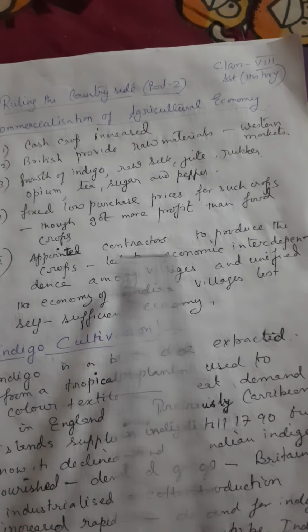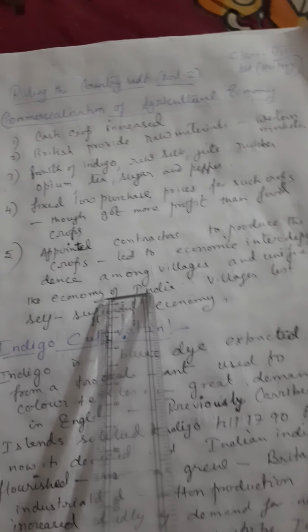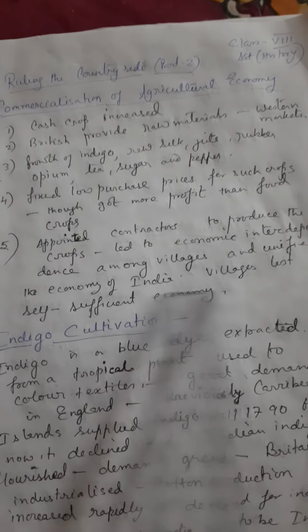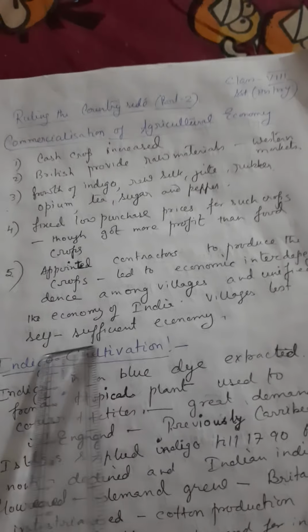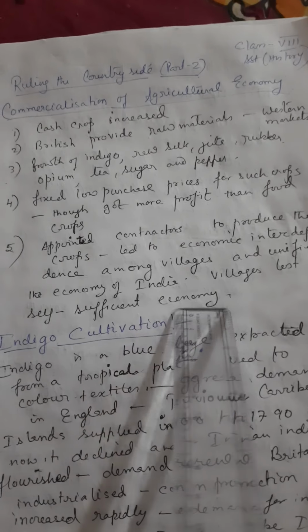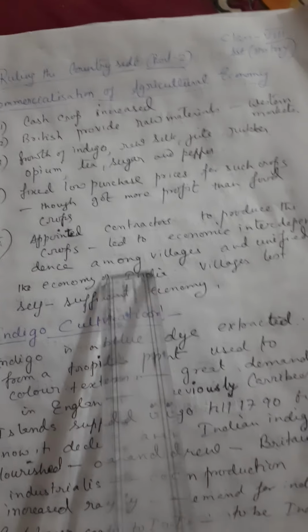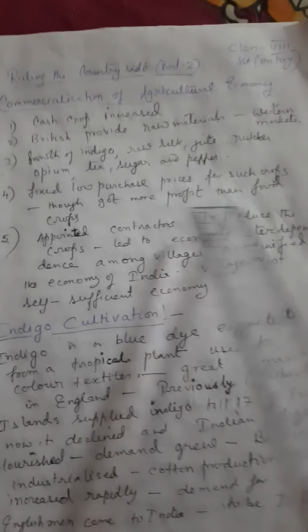So there was an economic interdependence. They couldn't avoid that. The villagers had to accept it, and it created a great loss. The villagers lost the self-sufficient economy. They were all bound to the planters, who were forcing them to cultivate.